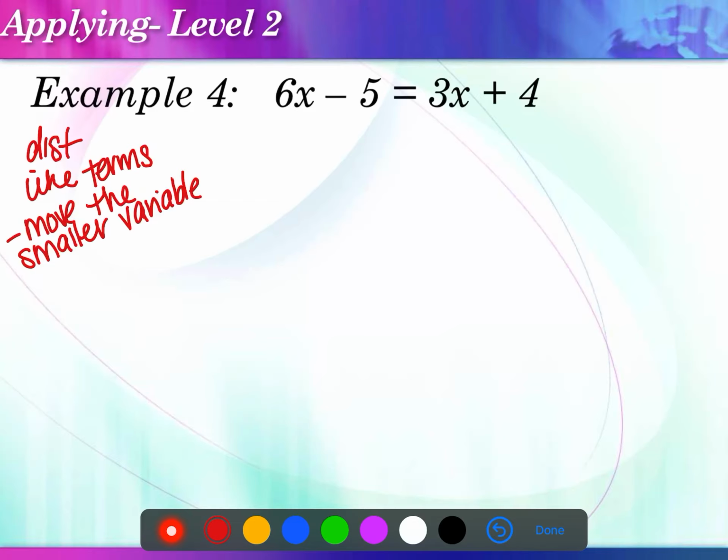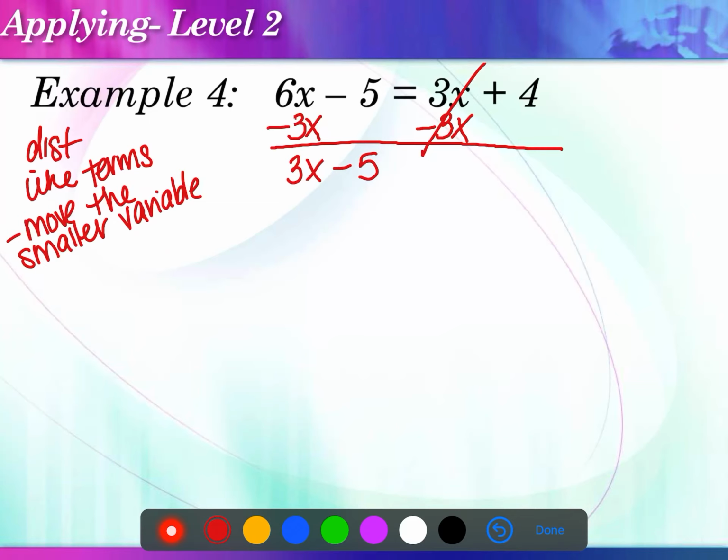So by moving the smaller one, it doesn't give us a 100% guarantee, but we have a better shot of avoiding negatives. Okay, so if the 3 is positive, we can use subtraction to move it to the other side of the equation. So 6x minus 3x.